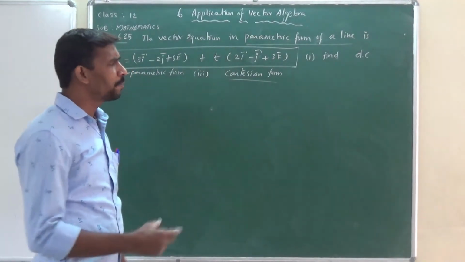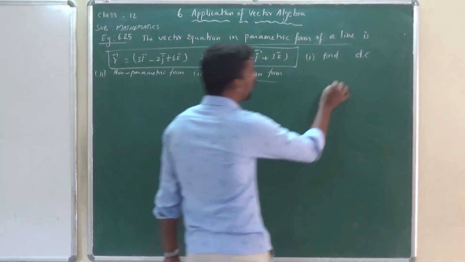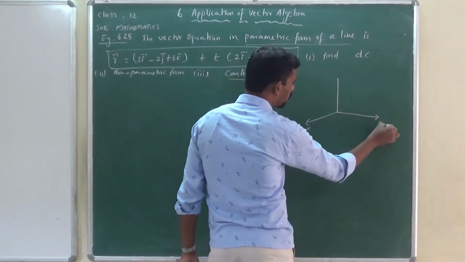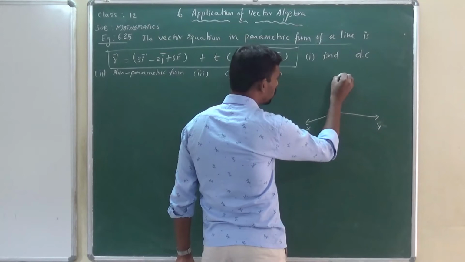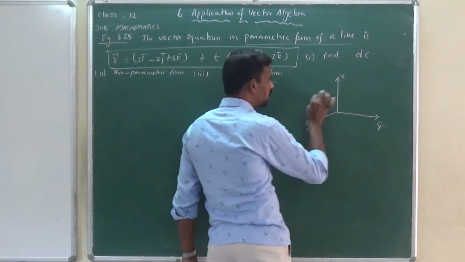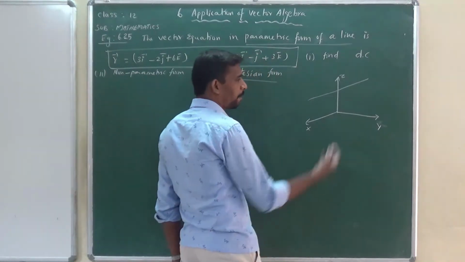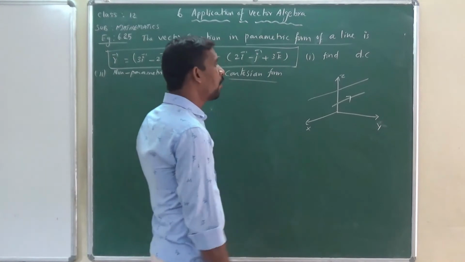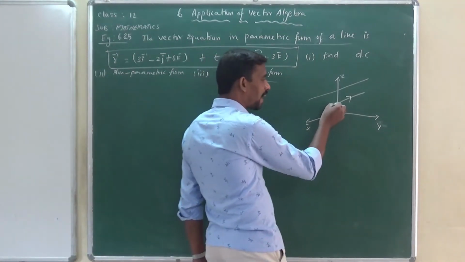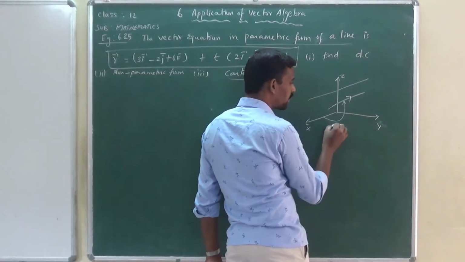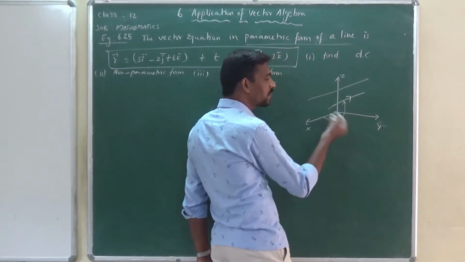Now, what is meant by direction cosines? Let me draw the coordinate axes here and explain. So x, y, z, and you see, it is a line. A line has a parallel vector too, so it should be a parallel vector like this. The line makes angles with the coordinate axes. Consider this as alpha, and we take the cosine, cos alpha.